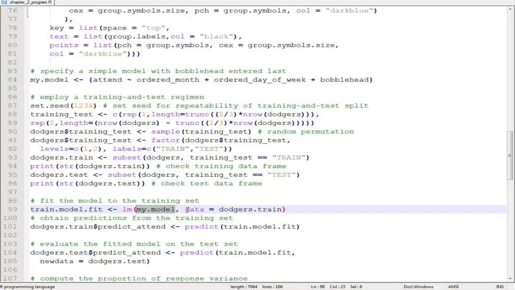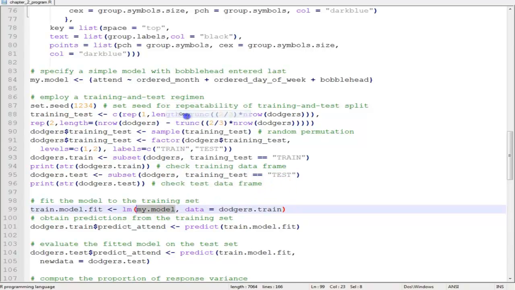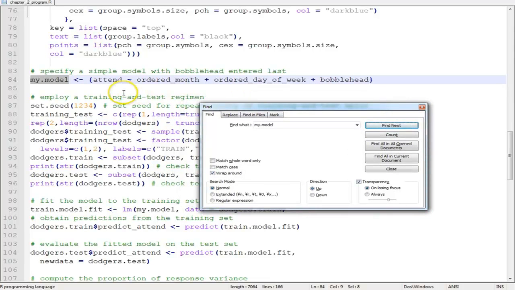So let me put this in. Here it is. Okay, so here he did this.